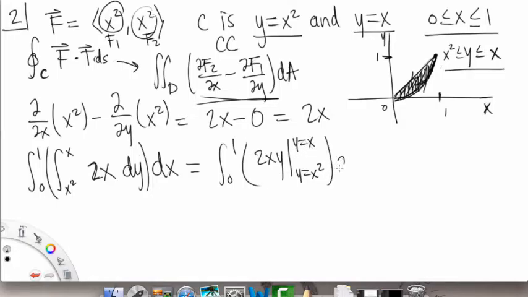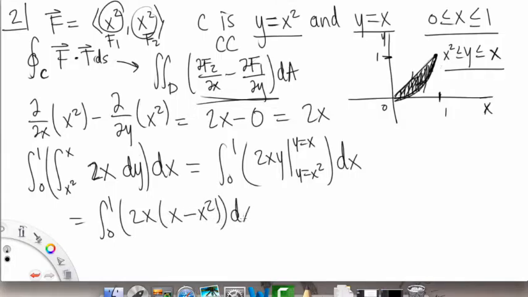When we plug them in, we get the integral from 0 to 1 of 2x times (x minus x squared) dx. I'll bring the 2 outside so we don't have to deal with it. So 2 times the integral from 0 to 1 of x squared minus x to the third, dx.